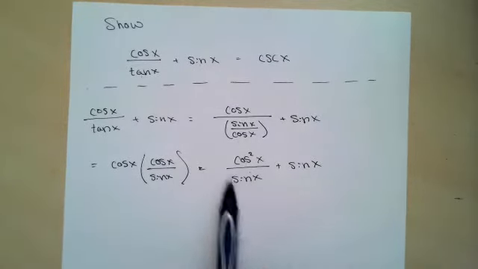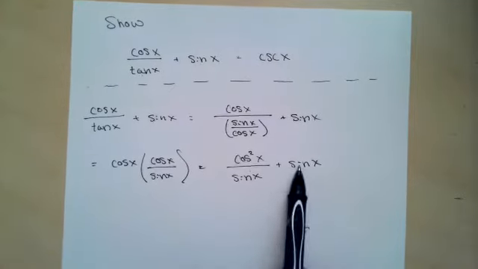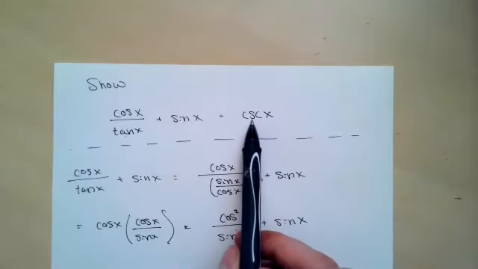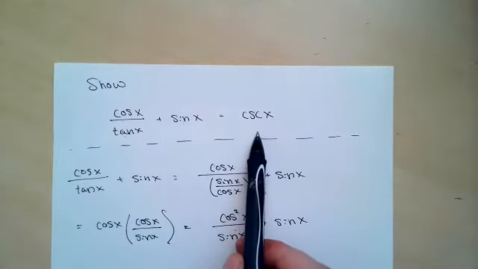In this case, it might be helpful to convert everything into sines. And why is that? Because we know the result should be a cosecant, and cosecant is 1 divided by sine.